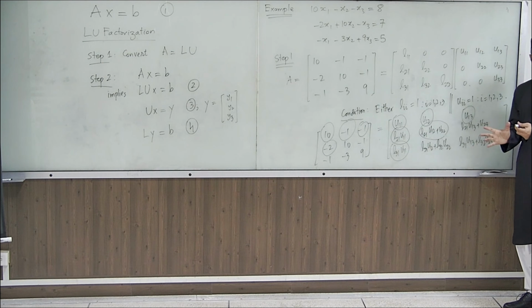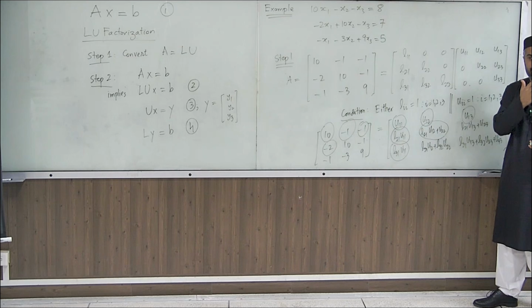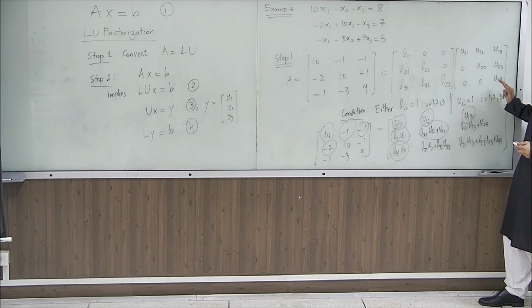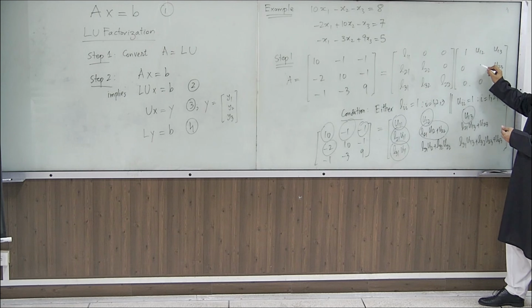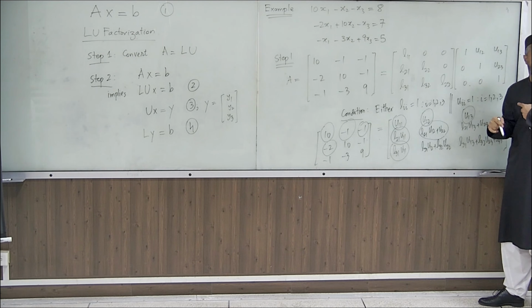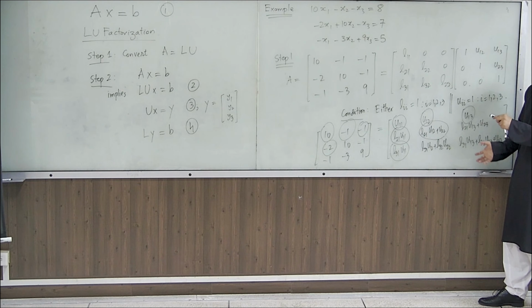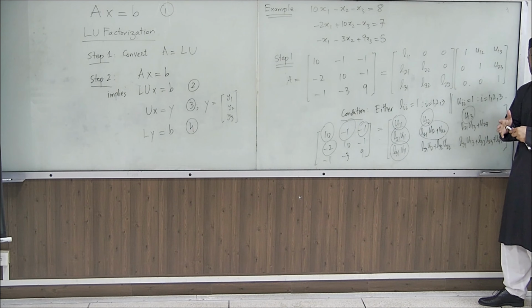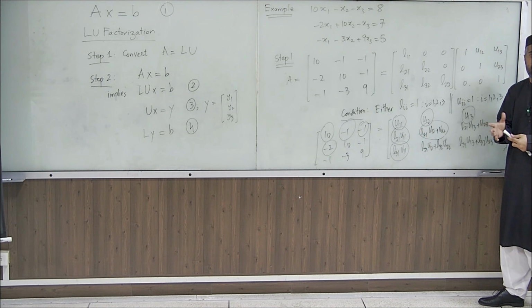Now I'm going to impose a condition that, rather than taking the lower triangular main diagonal as 1, let's take the upper triangular main diagonal as 1. If I put this condition, you also have to solve the problem with this. So as homework, either use the lower triangular main diagonal as 1 or the upper triangular main diagonal as 1, and you have to solve the problem.